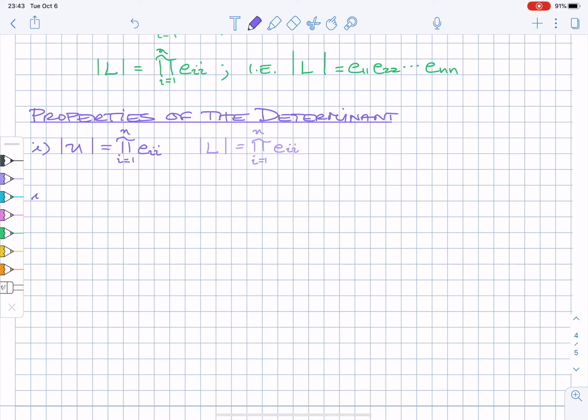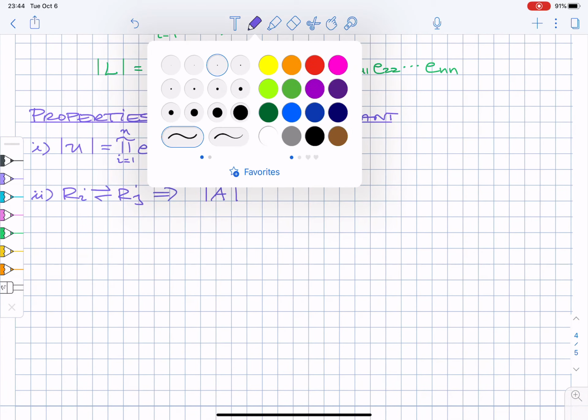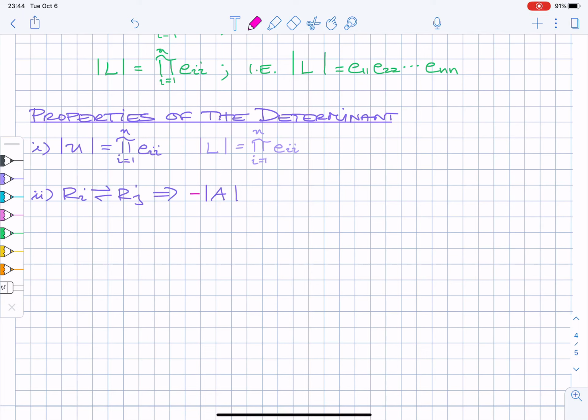Okay, so number 2, the second property, is that if I swap row i with row j, this implies that the determinant of my matrix becomes negative. So actually, let me annotate that with, that has to do with swapping. So let me actually write this like so. So when we swap any two rows, we change the sign of the determinant.